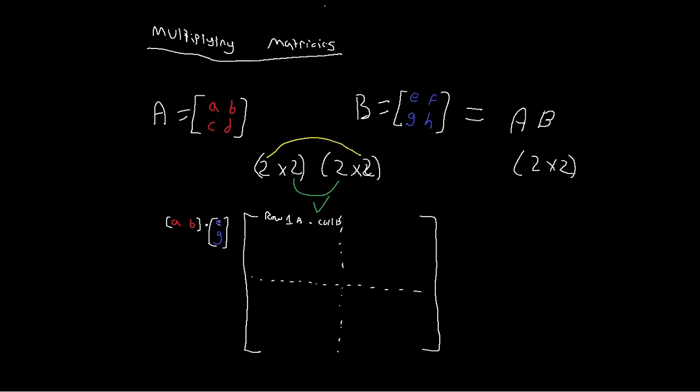So this is going to result in A times E plus B times G. I'm just filling in the letters here. That's going to be the value of the first element in our AB matrix.